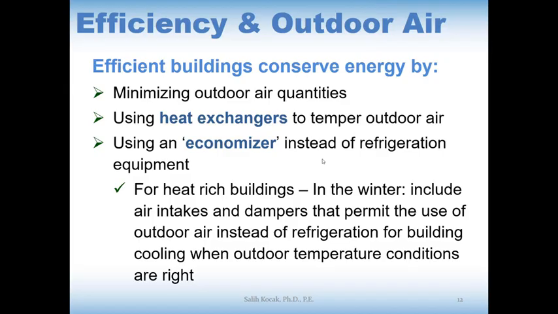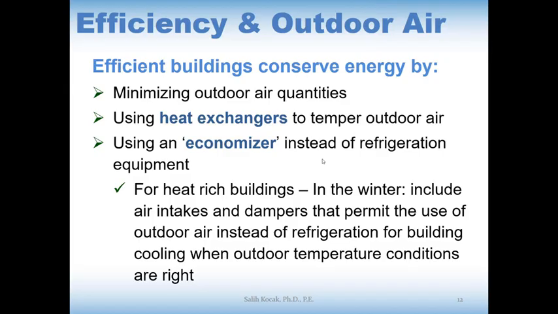And the other one is the economizer. Think of it this way, and the next bullet explains that one. Many large buildings are heat rich. It means the buildings are so high and so well sealed, so tight. There are so many occupants, appliances, and lights inside, such as in a skyscraper or high-rise building.